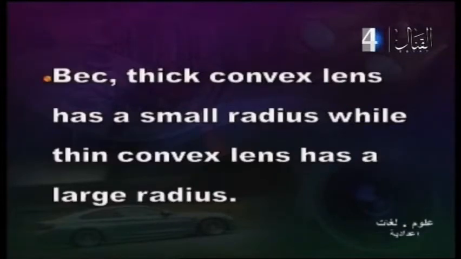So, in the case of a small radius, we have a small focal length. And in the case of a large radius, we have a large focal length. Don't forget, focal length is the distance between the optical center and focus.